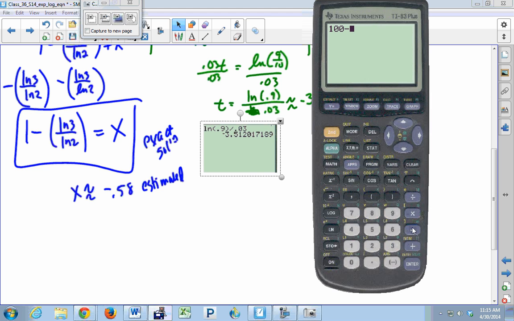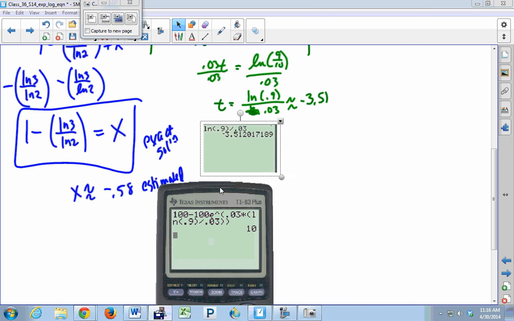I thought there was a quick way of just inserting, which I think there is. I just forgot what it is. So let's put in the exact answer now. 0.03 times, parentheses, the natural log of 0.9 divided by 0.03. The 0.03s are going to cancel out. Voila, 10. Okay, so you can always check your answer.